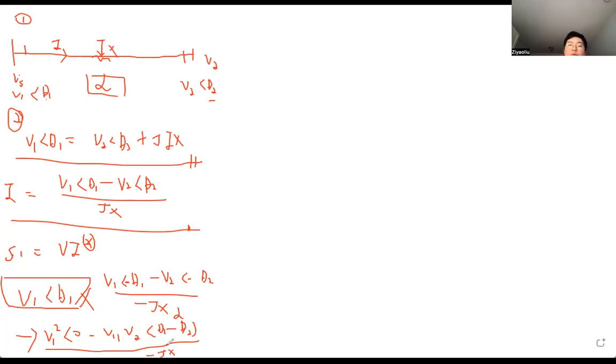We want to remove the minus j here, so we multiply by j. What happens here: j times V1 squared at angle 0, minus j times V1 V2 at angle delta, and then divided by X.